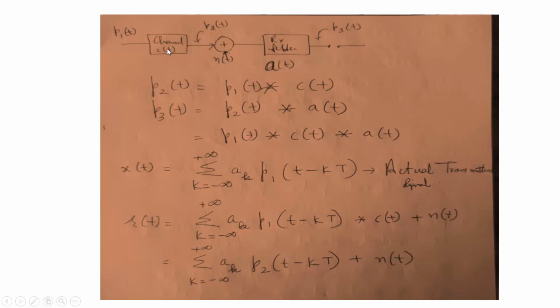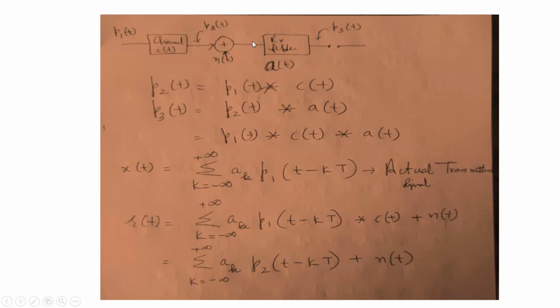Then this p1(t) gets convolved with c(t), and again a PAM pulse, but of course a distorted and noisy pulse, will be generated, and we call that pulse p2(t). And I'm showing here the noise is also added.